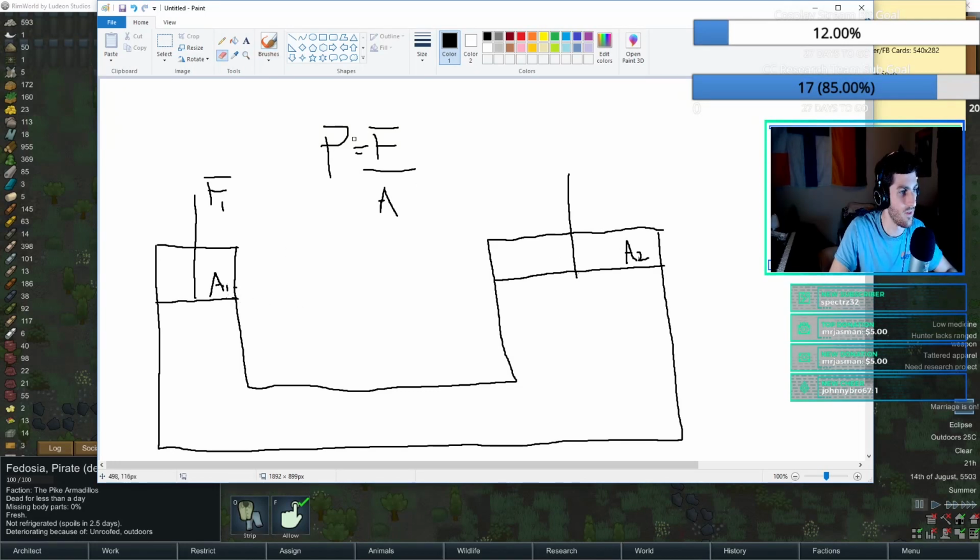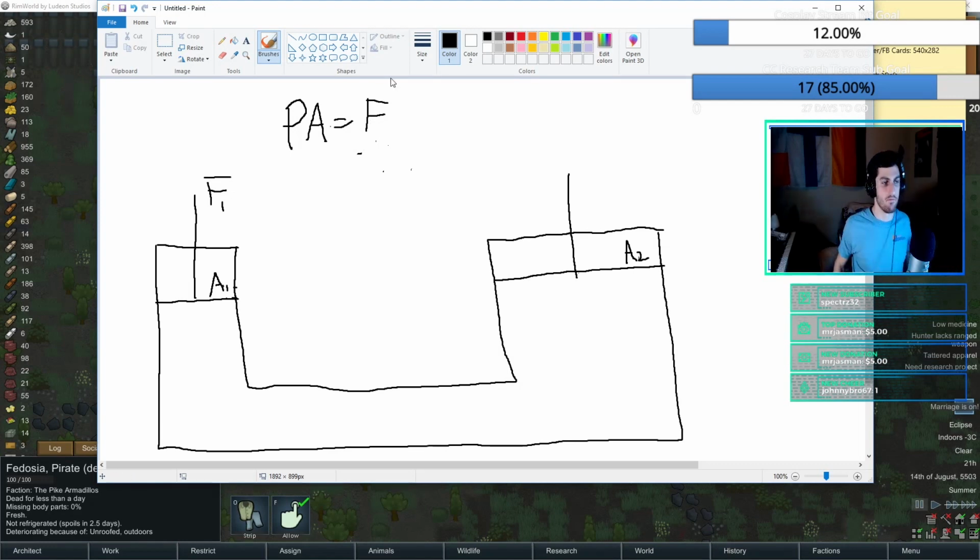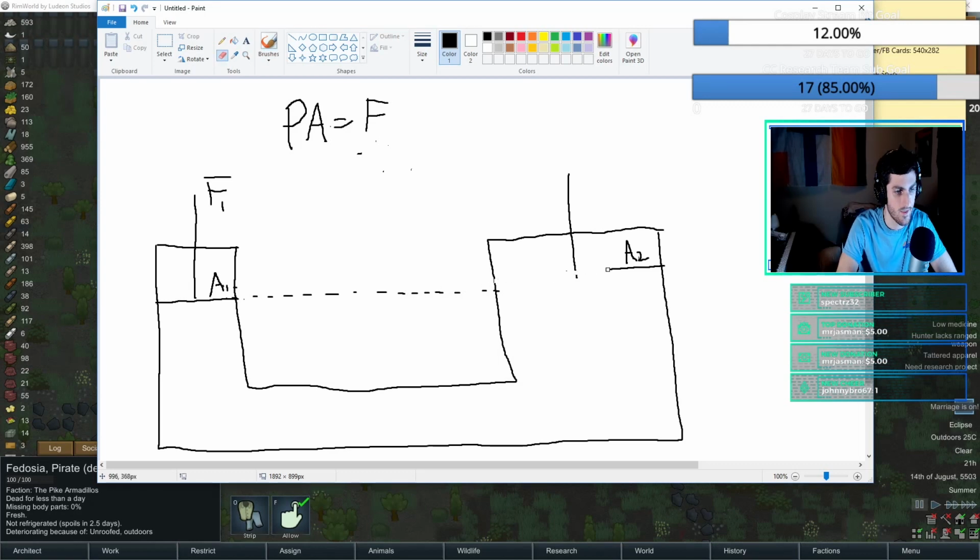So if force is equal to pressure times area, what does this mean for us? That means that since pressure is equal everywhere, if we have a fluid here at this height, let's make our piston here.